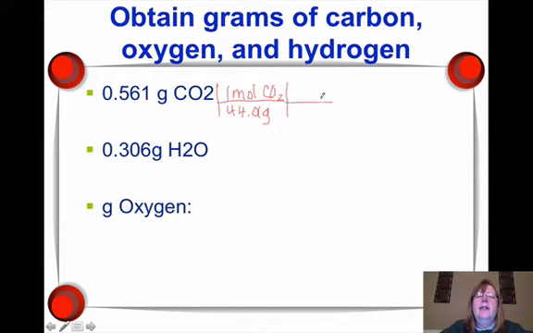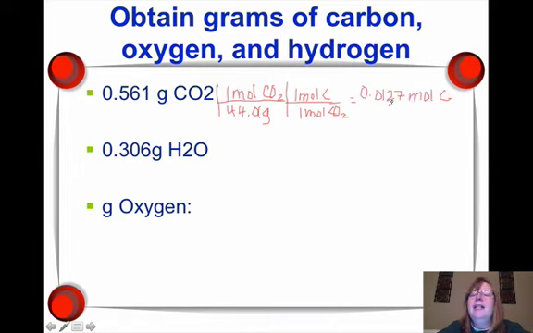Then you can see that there is 1 mole of carbon in a mole of carbon dioxide. Let's see how many moles that gives us of carbon. I have my calculations over here to the side. I get 0.0127 moles of carbon.